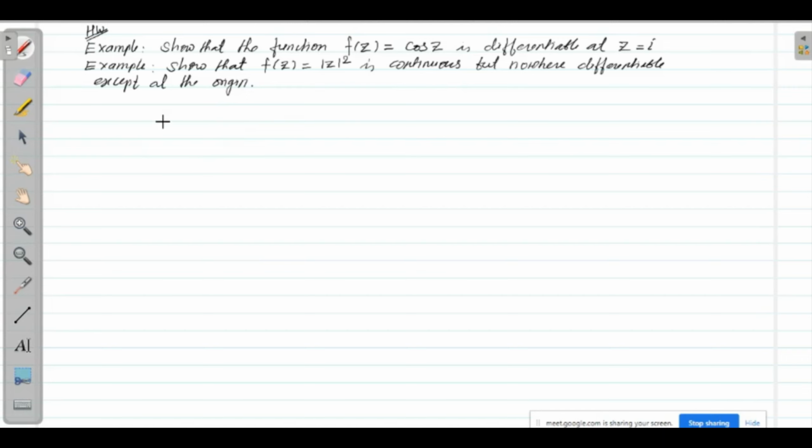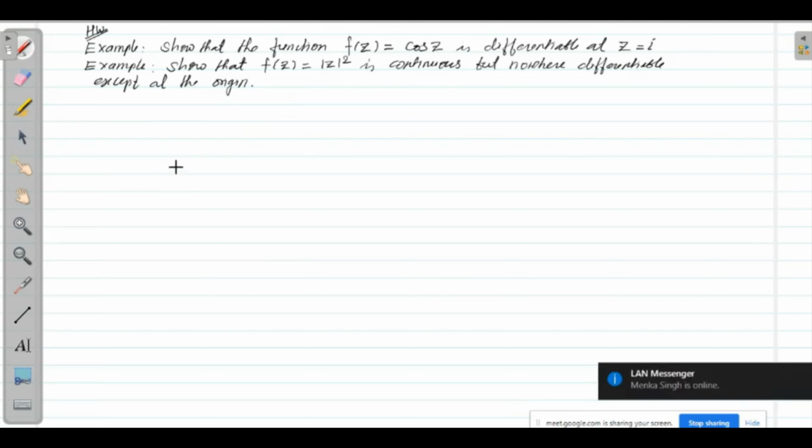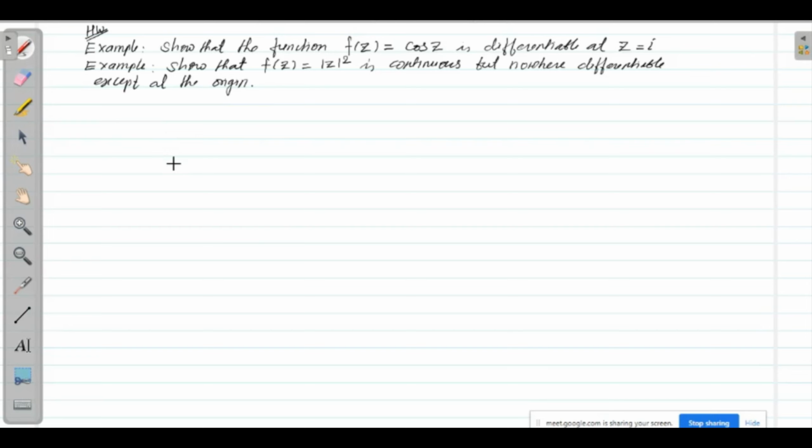Now the second step is what? You have to show the function is differentiable only at the origin and nowhere else. By the definition of differentiability, f dash of 0 equals the limit as z tends to 0 of f of z minus f of 0 divided by z minus 0.